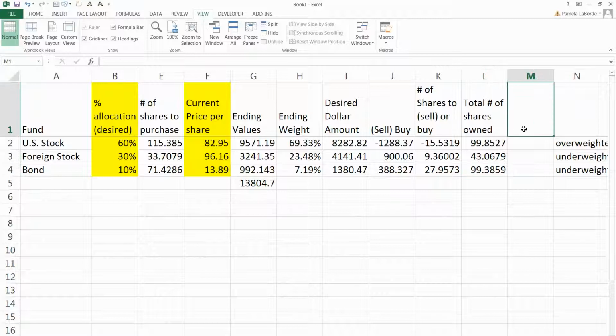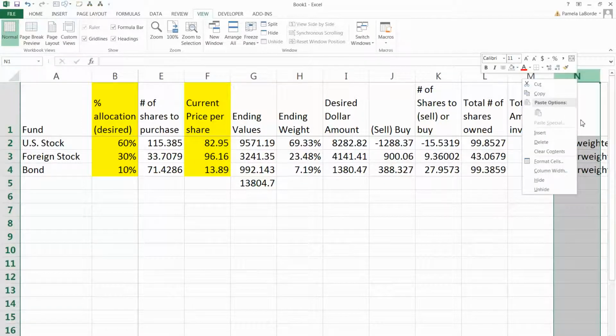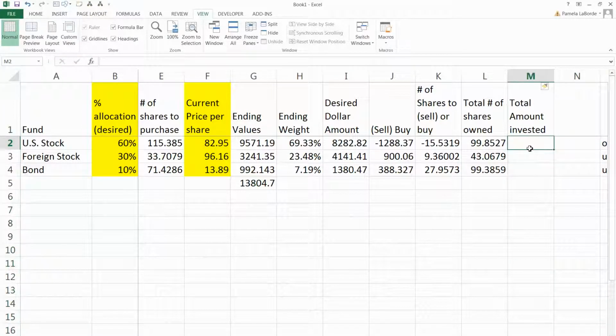So now what I want to do is calculate the total amount invested in each of these three funds. Again, I'm just trying to show you that this is actually going to work out. So now I own 99.85 shares of the US stock fund.